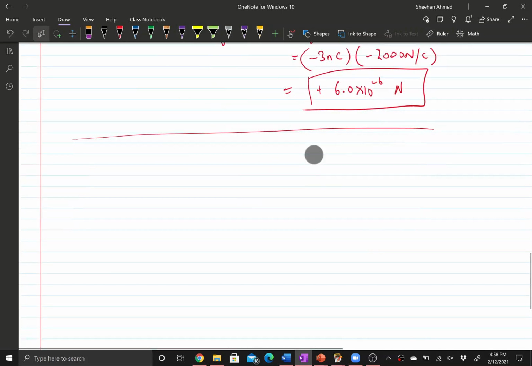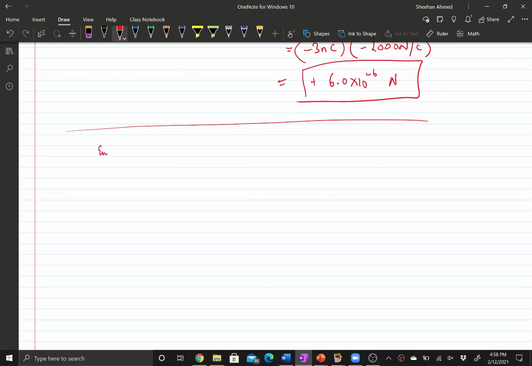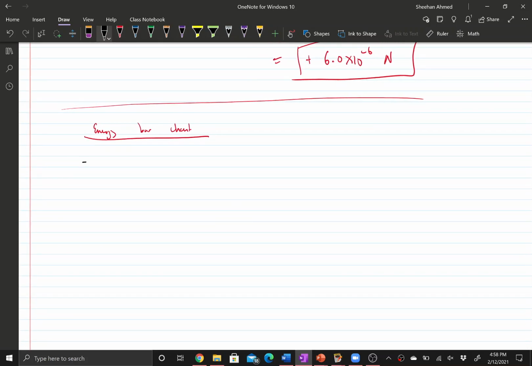What's happening to the energies? If I want to do an energy bar chart, well, in the beginning, it's a negative charge, let's do a different color, a negative charge at minus 20 volts. What kind of electric potential energy does it have, positive or negative?